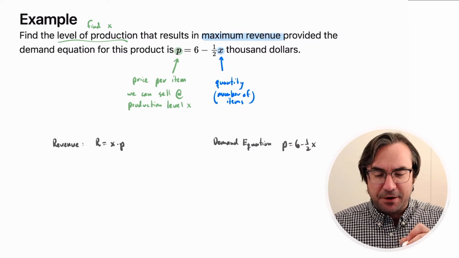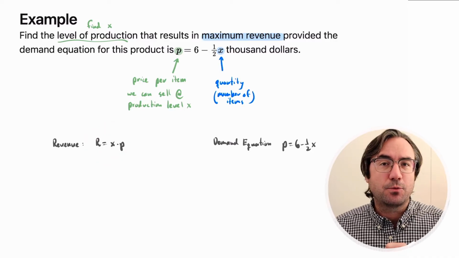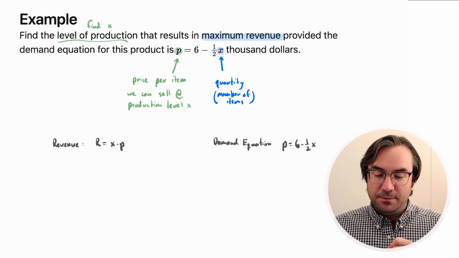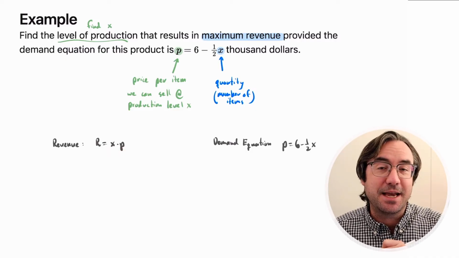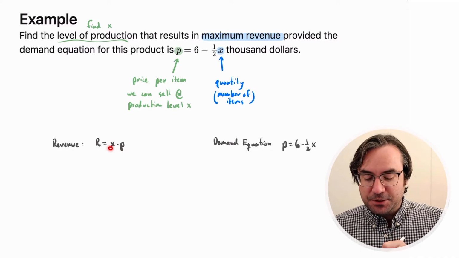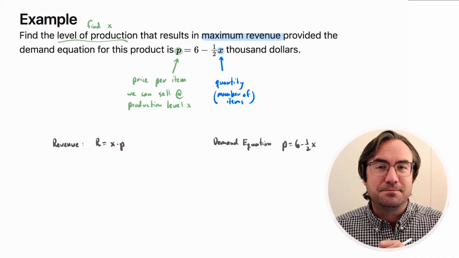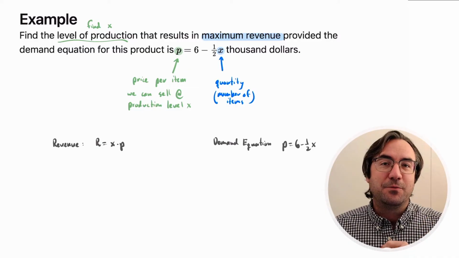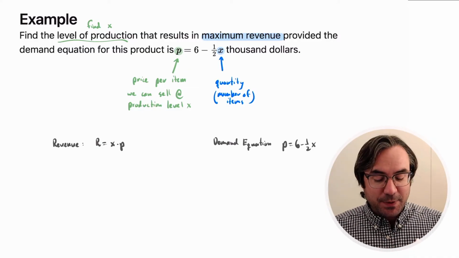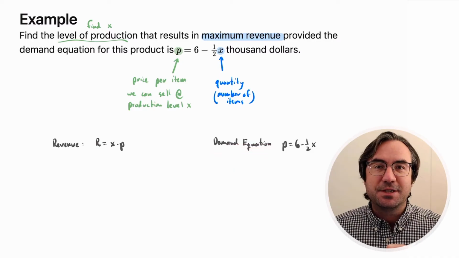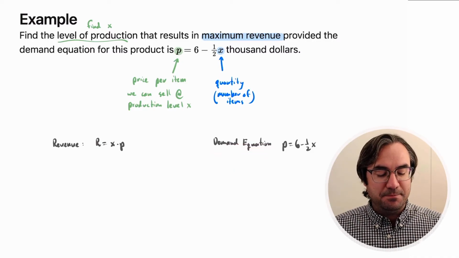So what do we have here? If we wanted to maximize the revenue, well, if there were no restrictions on X and P, just make a lot of items, charge a really high price for them, and then we'd maximize our revenue. Turns out we can't do that because we have this extra condition here, this demand equation that says, hold on a minute.